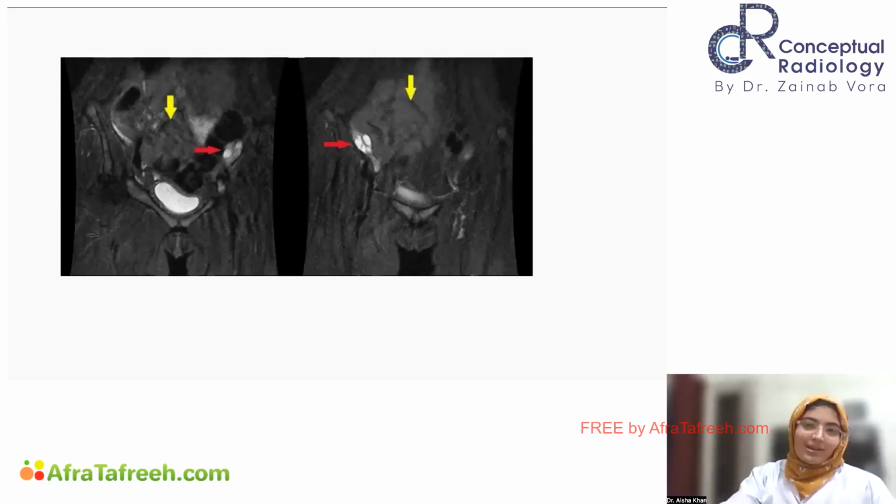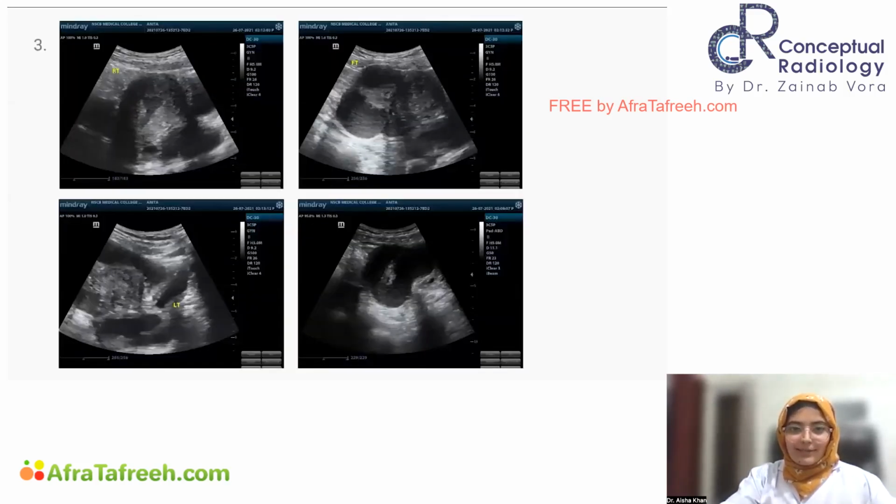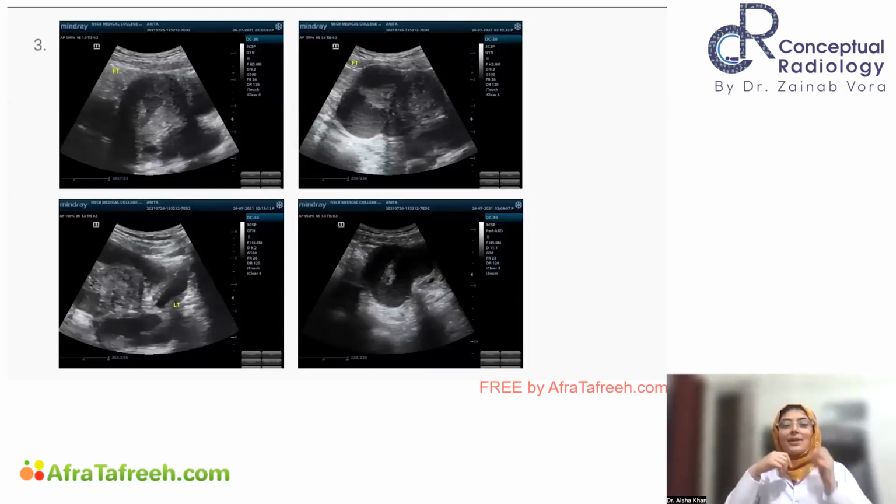So this was our MRKH syndrome. Okay, bilateral complete Mullerian agenesis with an atretic vagina and a pelvic kidney on the right side with bilateral normal ovaries. The last case, this case we recently got in our department.